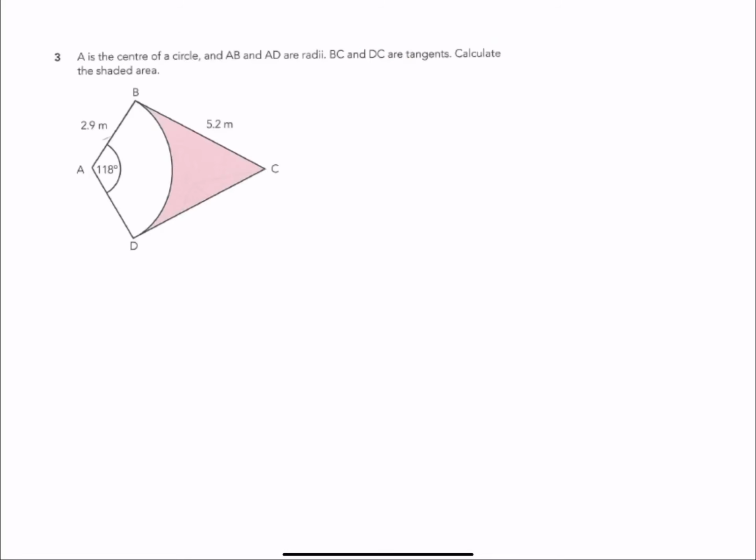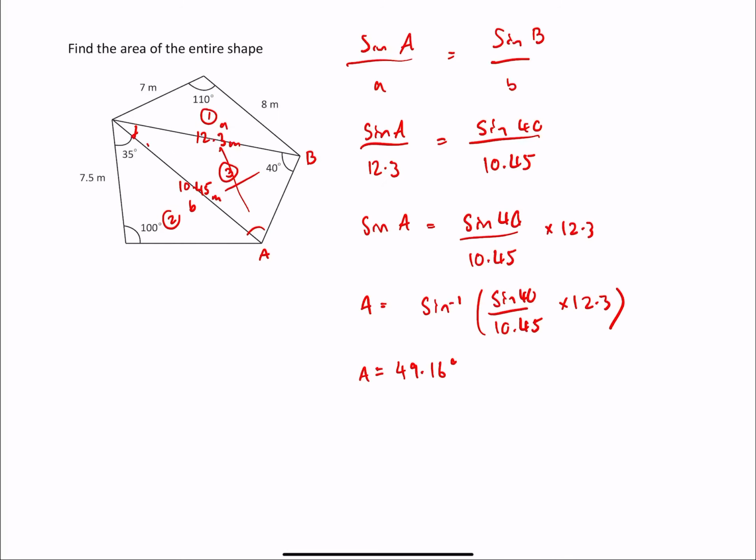degrees. Okay, which means the angle at the top is 180 minus 40 minus 49.16. So 180 minus 40 minus my previous answer, which is 90.84 degrees.